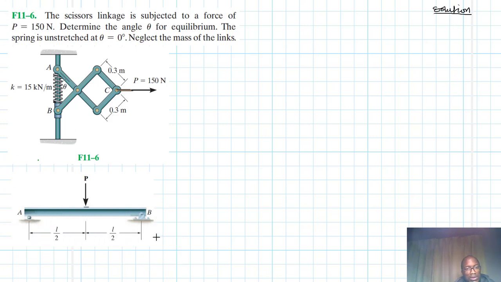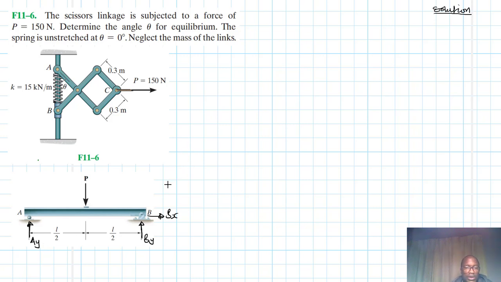let's demonstrate this application of virtual work on this simply supported beam. So first and foremost, we have to draw the free body diagram. We have By, we have Bx, and then we have Ay.